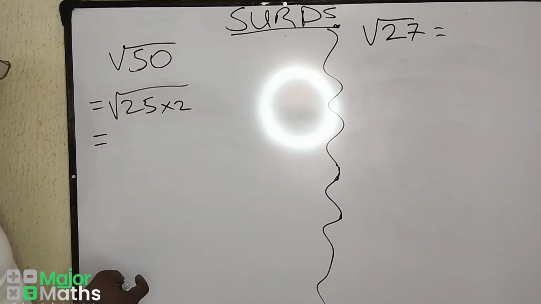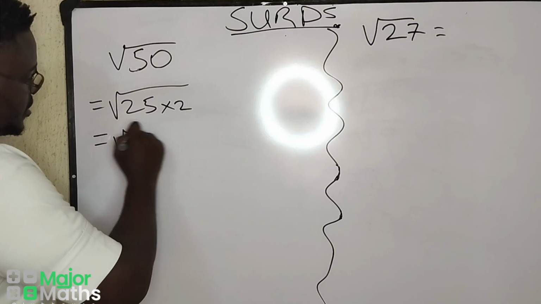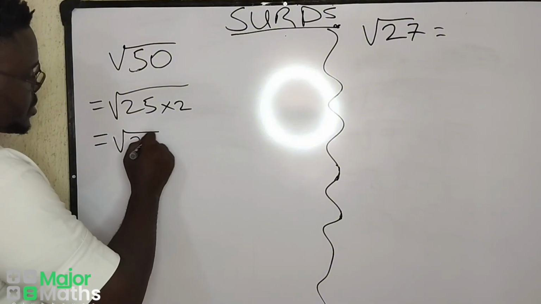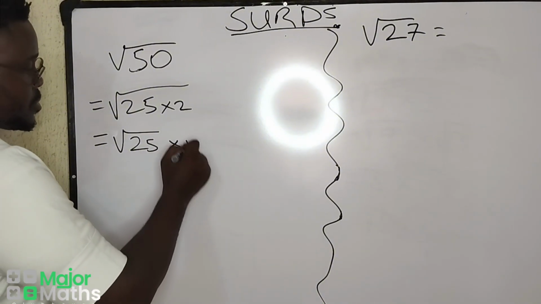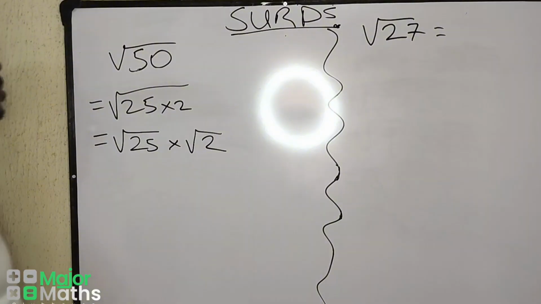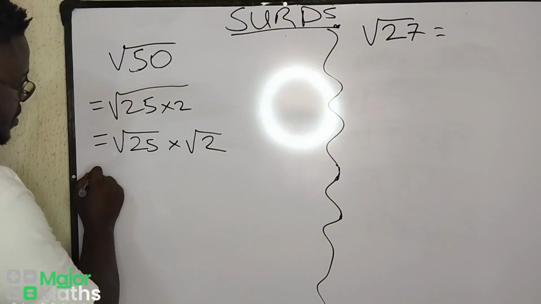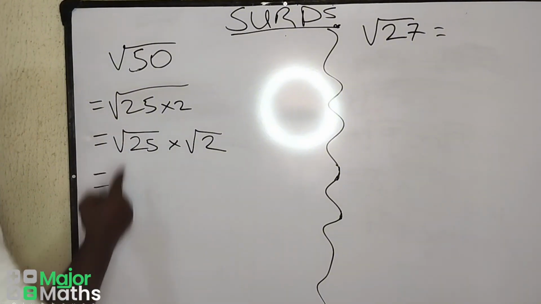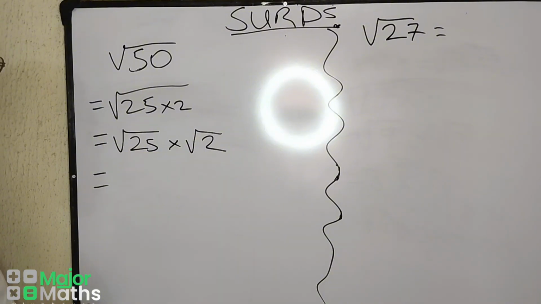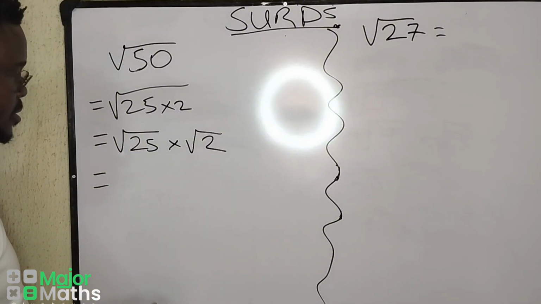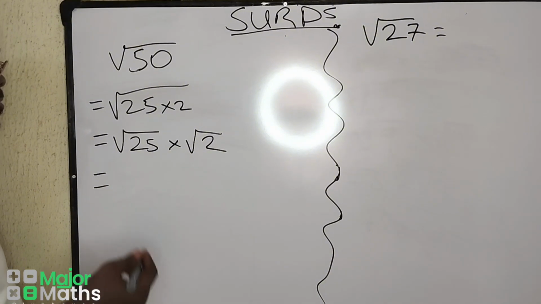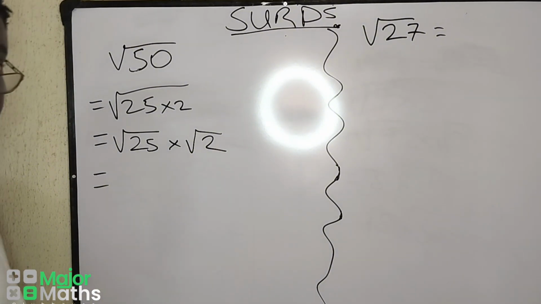So you break down the square roots into their individual square roots. So you have root 25 times root 2. Okay, so root 25: 1 times 1, 1; 2 times 2, 4; 3 times 3, 9; 4 times 4, 16; 5 times 5, 25.